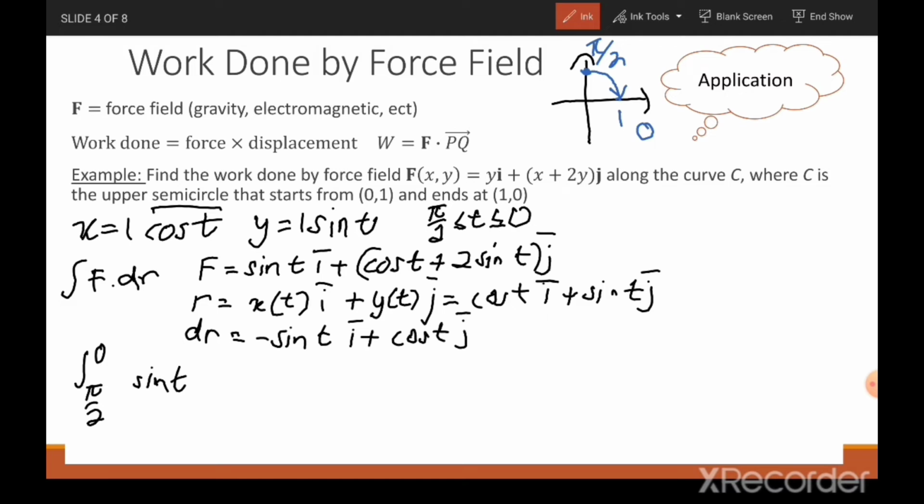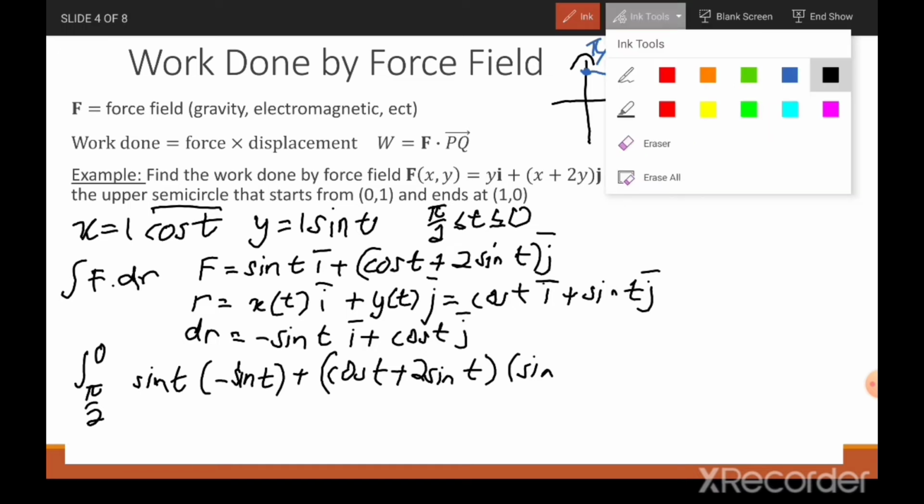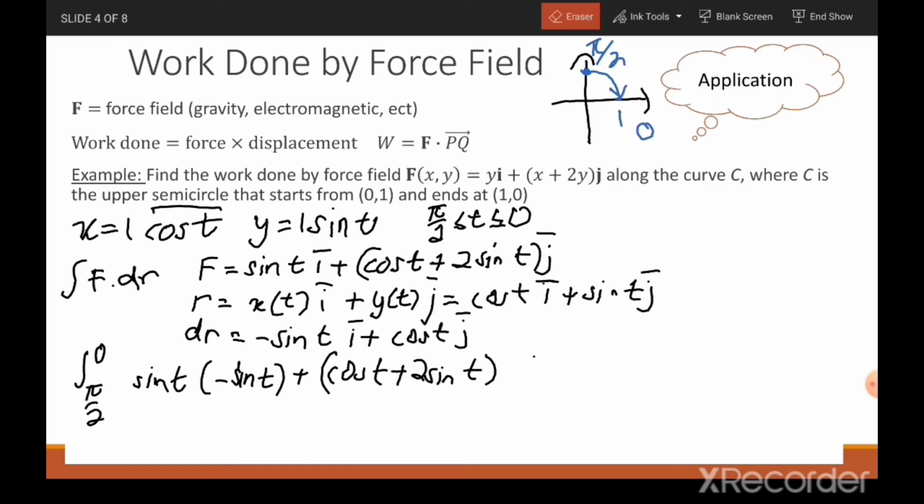Sin t times negative sin t, because F dot dr, so this is for vector i, plus cos t plus 2 sin t, times with the cos t here.